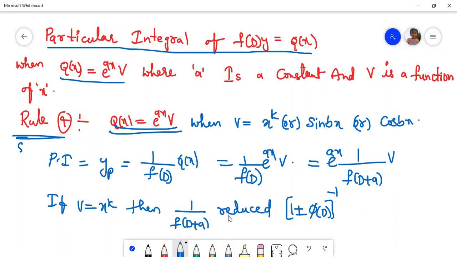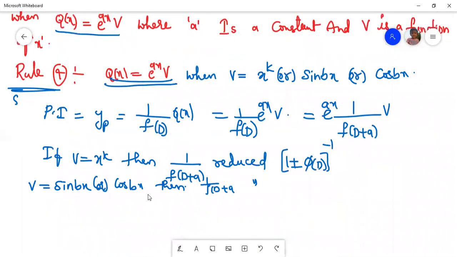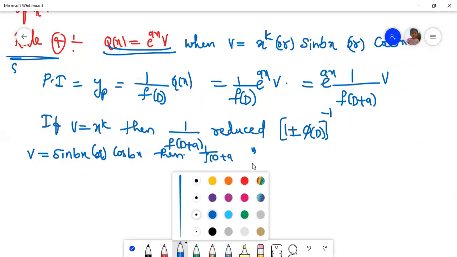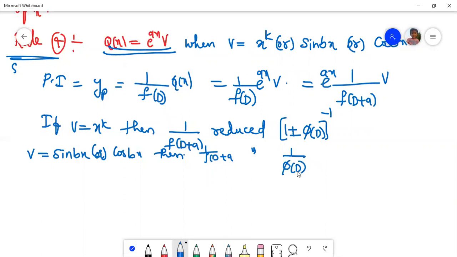Then we can go for rule 3. And if v is equal to sin bx or cos bx, then the function f of D plus a reduces to 1 by phi of D. In this, we can substitute as in rule 2, then reduce to 1 plus or minus phi of D whole inverse, which goes to rule 3.